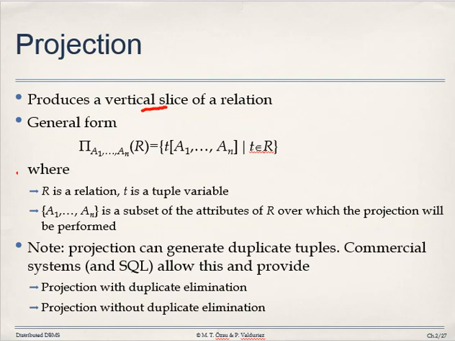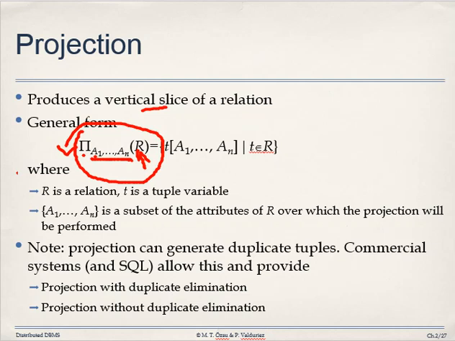The general algebraic form of projection is pi, the symbol of projection, with A1 up to An, the names of the attributes that we would like to display in our result relation. Here R stands for the relation, the original relation on which we would like to apply this projection procedure.